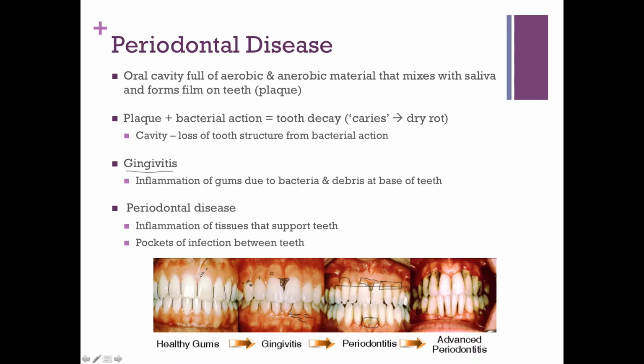So here, this is the base of the teeth, and this is the surface of the teeth. Here, drawing the same line, the gums start to recede more and more and more, so that eventually when you get to these later stages, do you see how much the gums have receded here? So the gums start to recede away, huge amounts of calculi and caries, pockets of infection between the teeth.